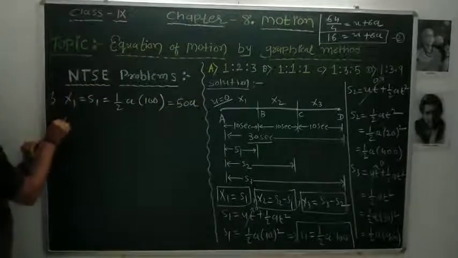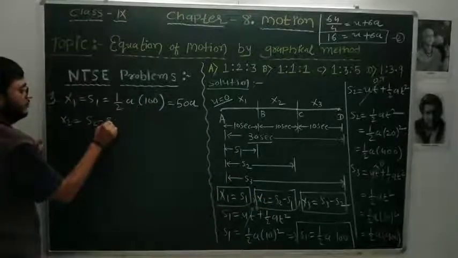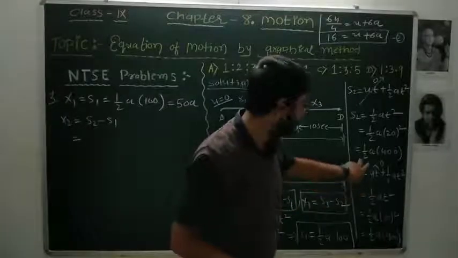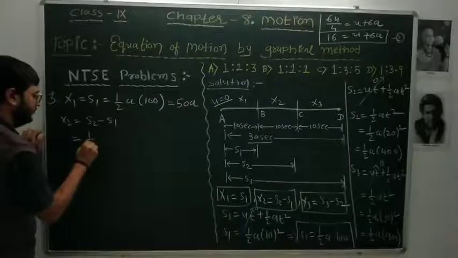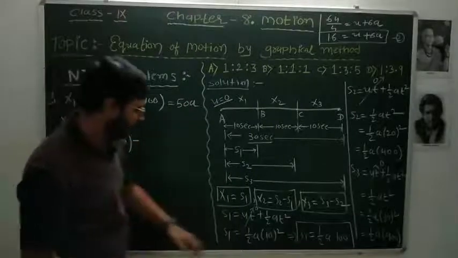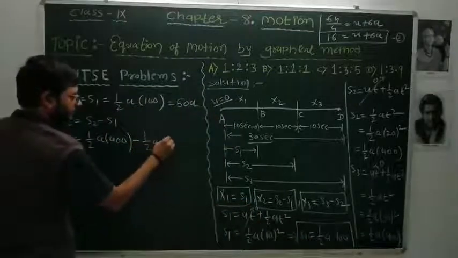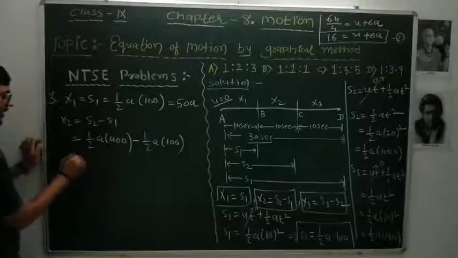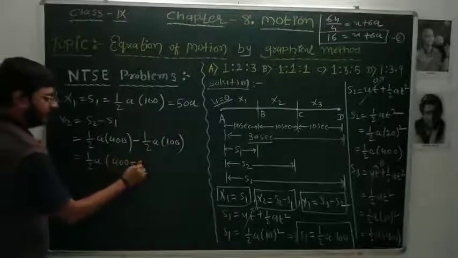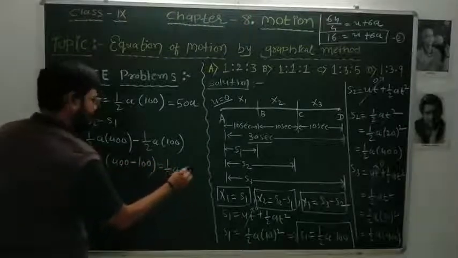Then x2 is S2 minus S1. S2 is half A times 400 and S1 is half A times 100. Taking half A common, 400 minus 100, we get half A times 300.